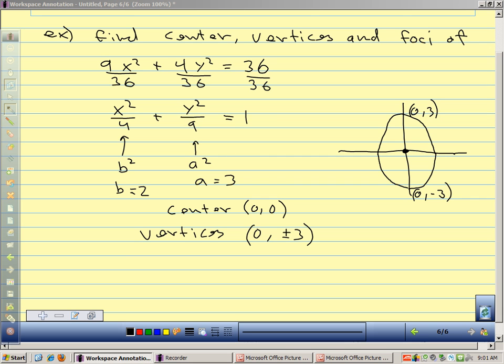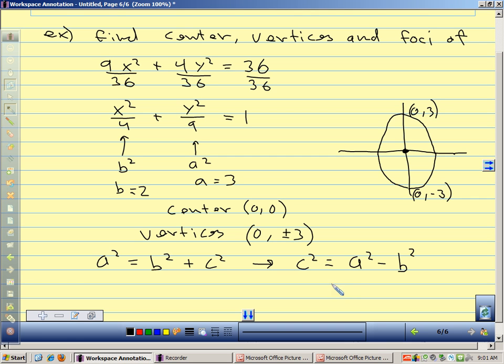To find my foci, I need to find c. We don't have c from the equation. We have to find it. We know that a squared equals b squared plus c squared. So c squared equals a squared minus b squared. And we plug in to find c.